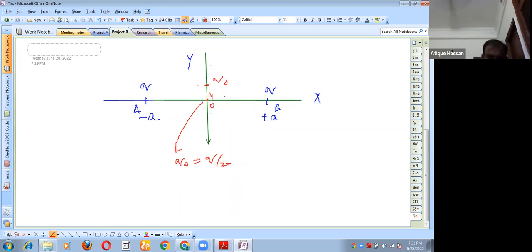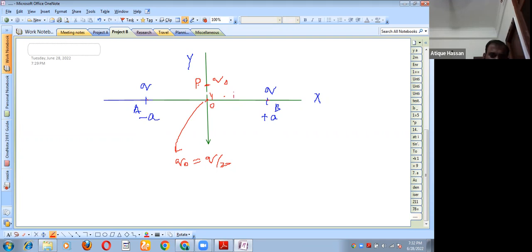Net force on Q. Have both of you got the question? What is happening? We have two charges. One is placed at minus A, another at plus A. One charge is at A, which is at minus A. Another is at B, which is at plus A. And there is a charge placed at the origin.